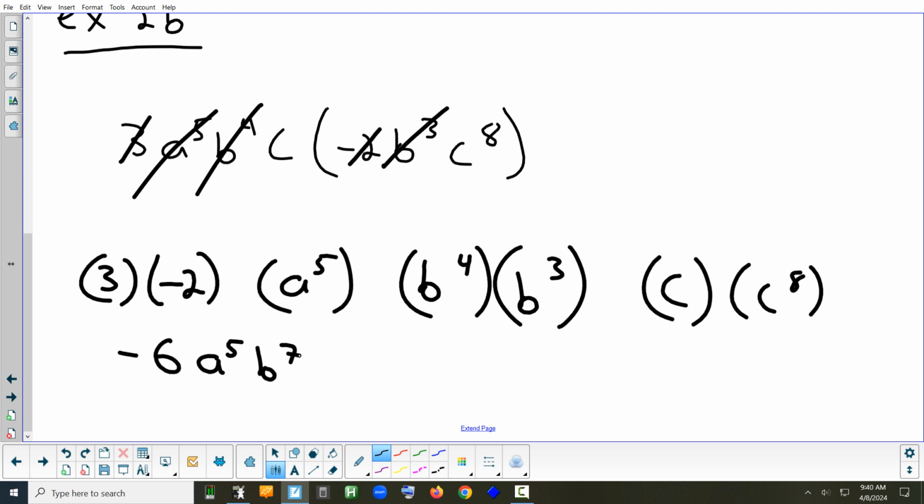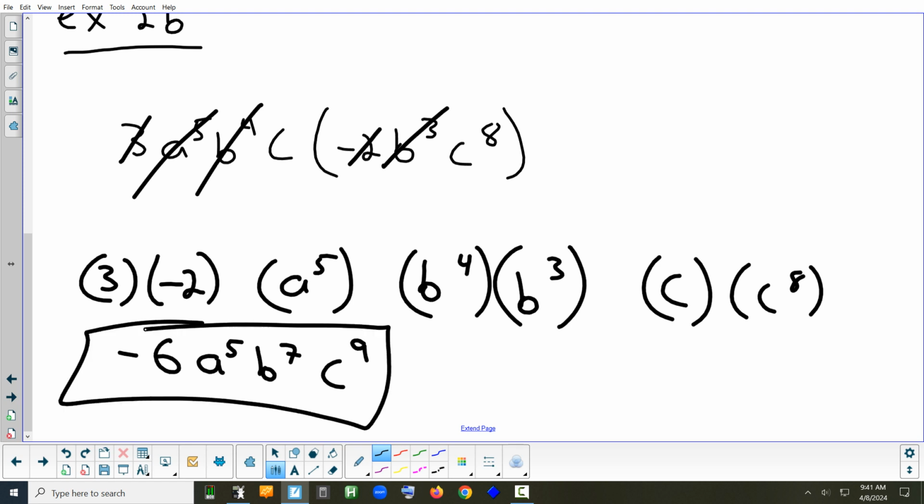And Zach, what's going to come after the b to the 7th? Maybe c to the 9th. C to the 9th. Right? Because that c has an invisible 1, and 1 plus 8 gives us 9. Yep. All right. Any question on that?